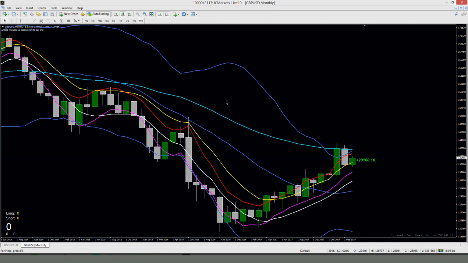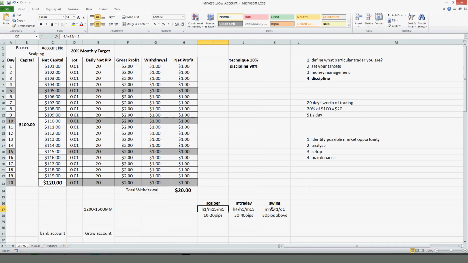Before we continue, is there any question with regards to everything that I have covered earlier on in terms of the plans and how you define setting up your targets, money management, even how to set yourself up for the market entry?